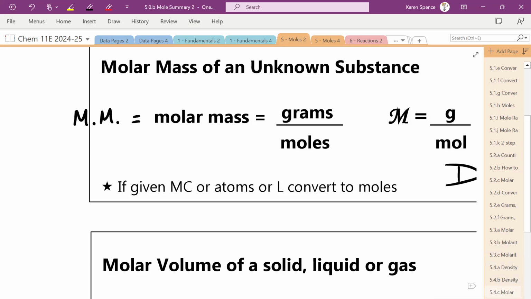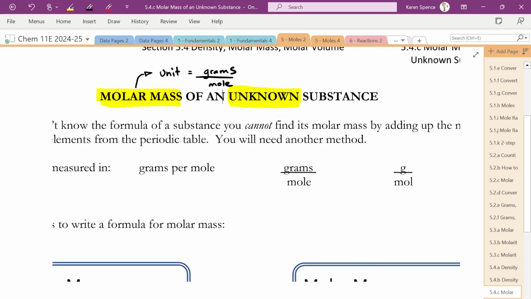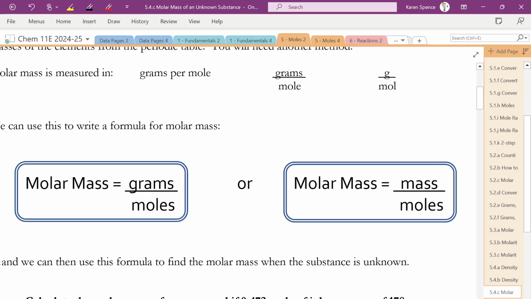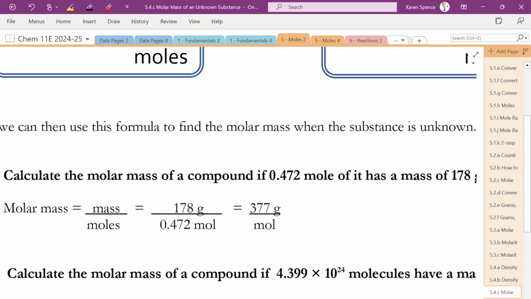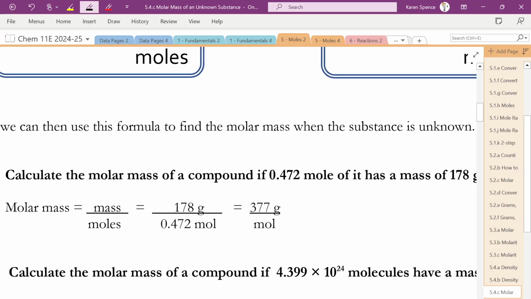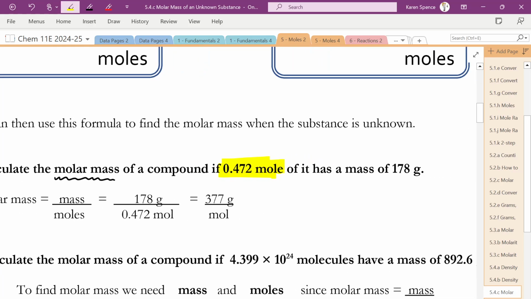So let's go back to here. 5.4 C. There we go. Here's our formula. Molar mass equals mass over moles. So here we have a calculation. Super difficult. Let's find the molar mass of a compound if 0.472 moles has a mass of 178 grams.